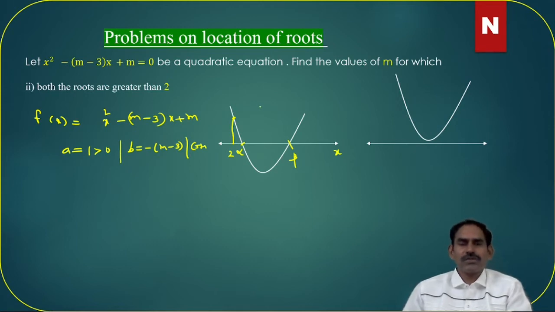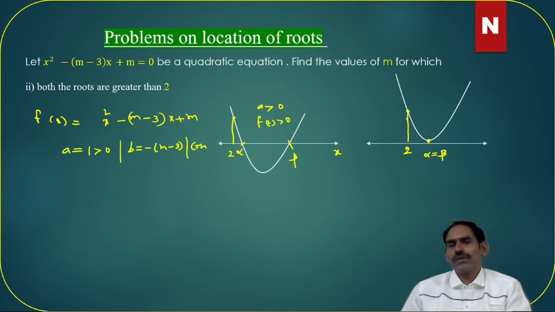Here a is also positive, so a is greater than 0 and f of 2 is greater than 0. In this case the roots are coincident, and here also our two roots alpha and beta are greater than 2. f of 2 is above the x-axis, positive, therefore a is greater than 0 and f of 2 is positive. The first condition is a into f of 2 greater than 0.